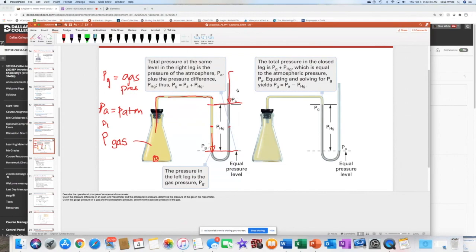For that reason, this setup produces an equation that looks like this. I see why I can't write. It's because of where this picture is. So the pressure of the gas is the bigger and heavier pressure of the two. You write that by itself on the left side, then you add the two other weaker pressures, which are pressure due to height and pressure due to atmosphere.